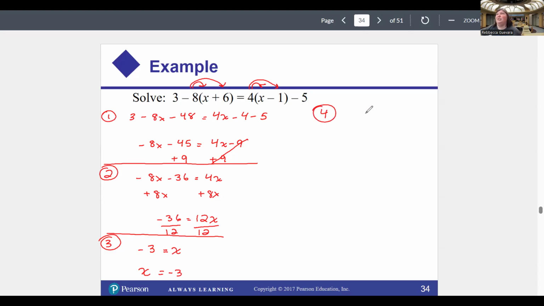So remember, we always want to check. So 3 minus 8, and I said x is negative 3, so I want negative 3 plus 6. Then I have 4 times x, which is negative 3, minus 1, close parentheses, minus 5. So 3 minus 8 times 3 now, 4 times negative 4 minus 5.